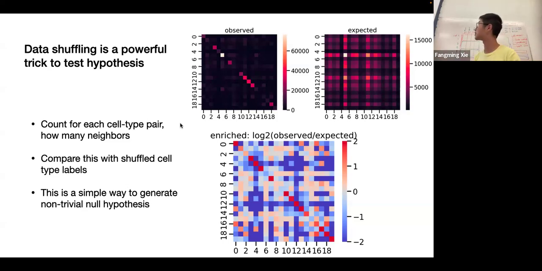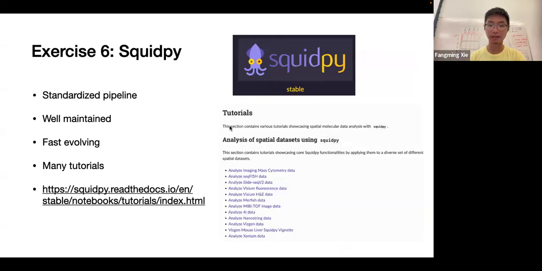I provided you code to play with, and that's one thing. Another thing is there are many tutorials online. I guess Squidpy is one of them, and it has a standardized pipeline for probably any of the steps we talked about in class, and more fancy ways of doing things.